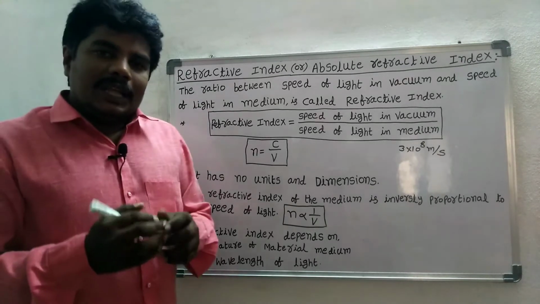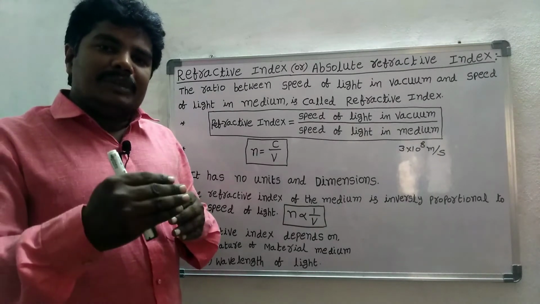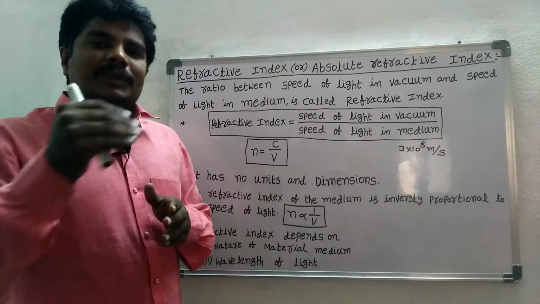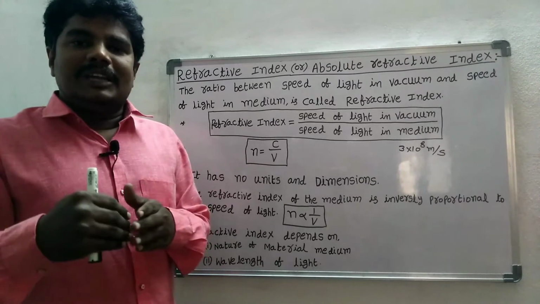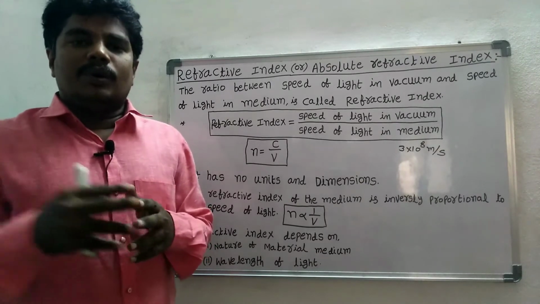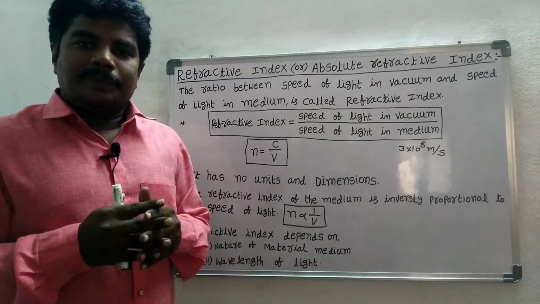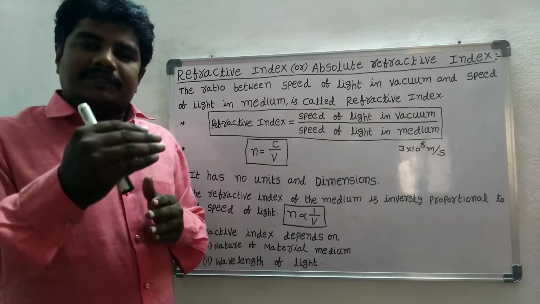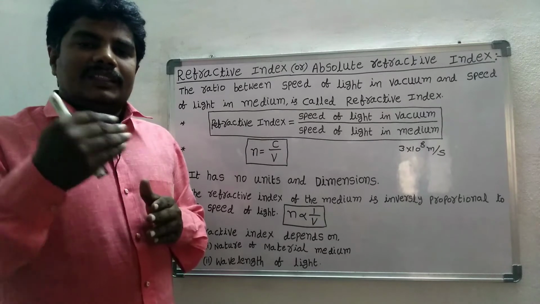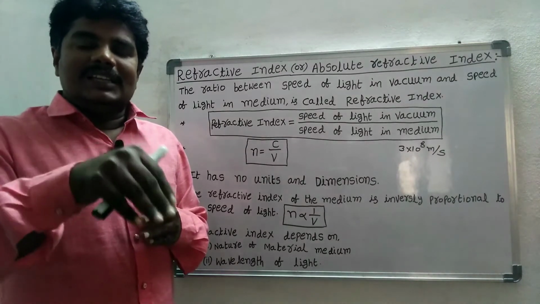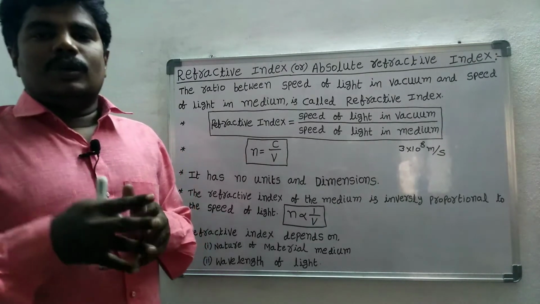That means if the refractive index of the medium is high, then the speed of light in that medium becomes low, and vice versa.